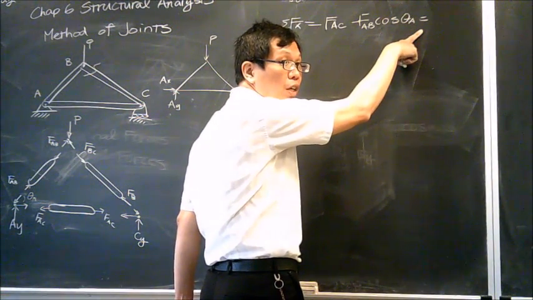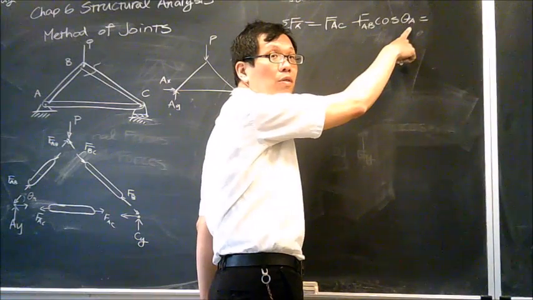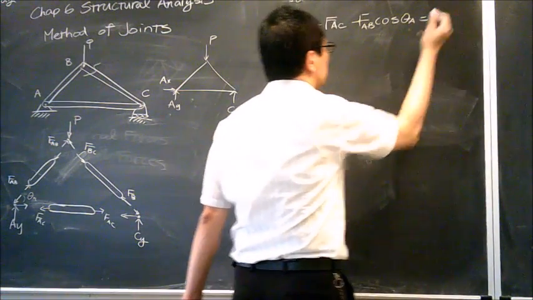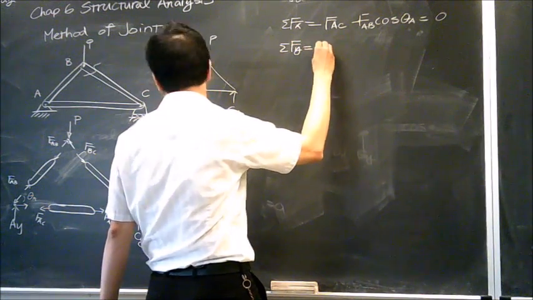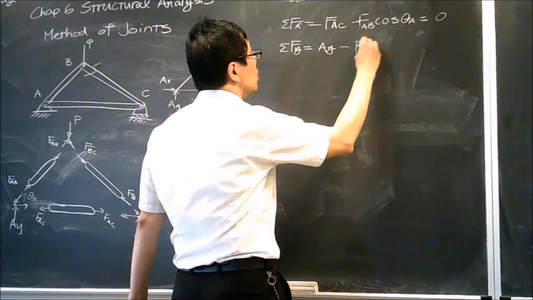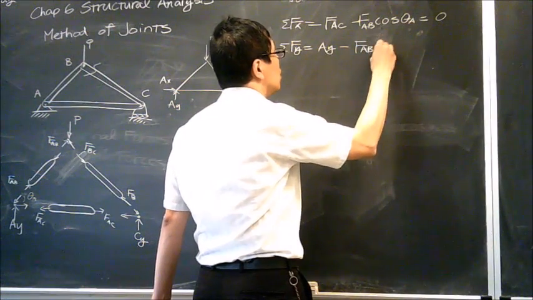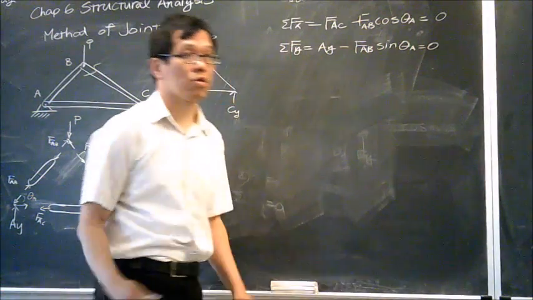Is this joint moving or rotating at all? No, so what is this going to equal? This one equals 0 as well.